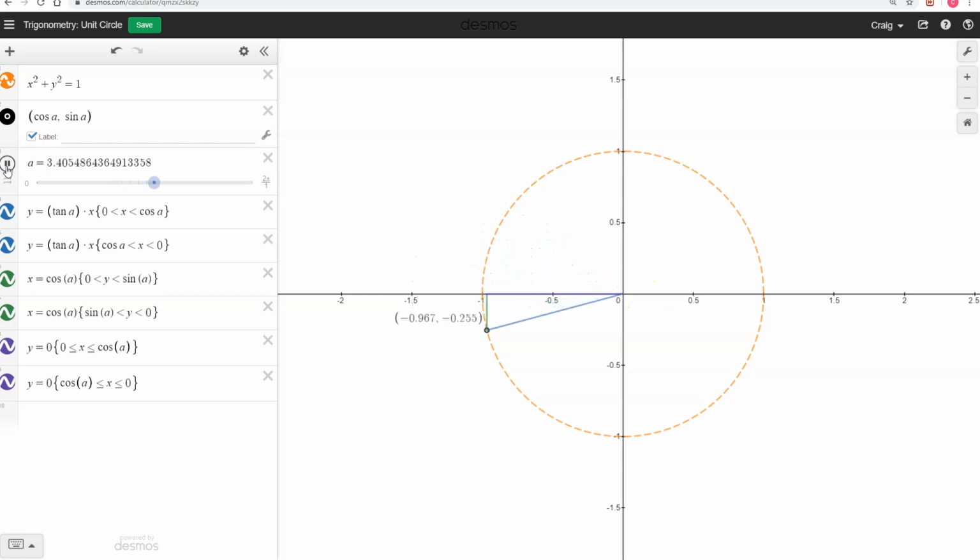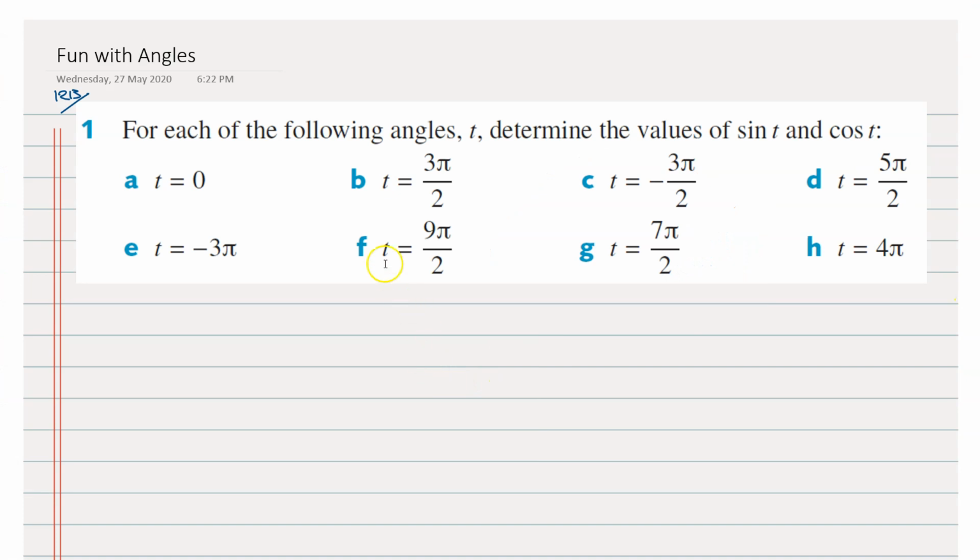So just notice the triangle as it sweeps around the unit circle. Based on this property, what the question is asking is for values that are outside of the first domain, or the first quadrant, of the unit circle.